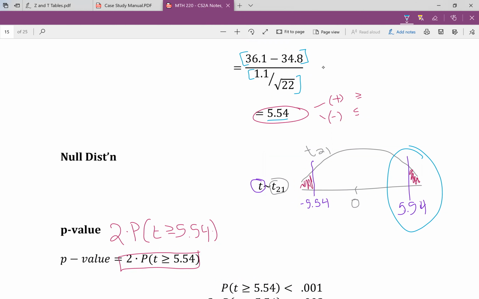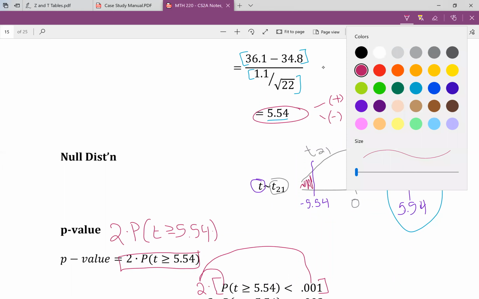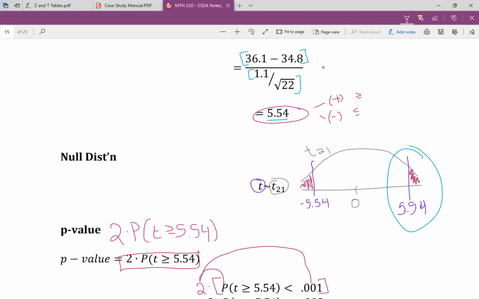But I don't just want the single tail probability, I want to double it. So you're going to put brackets around this entire expression and multiply it by 2. That 2 is going to distribute inside these parentheses to my probability statement and to the 0.001. Notice I'm not doubling 5.54. Everything inside this parenthesis set should not change at all.